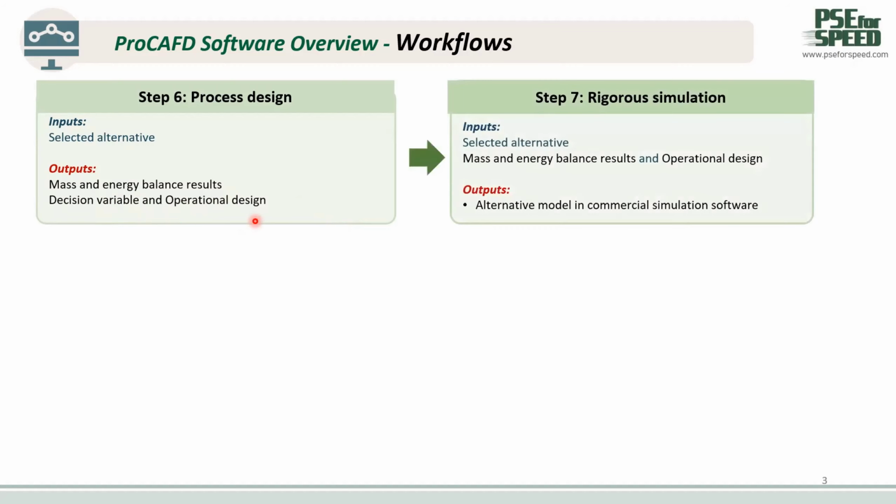In step 7, the rigorous simulation, the program will use the information from step 6 and generate the alternative model in commercial simulation software, such as Pro2.